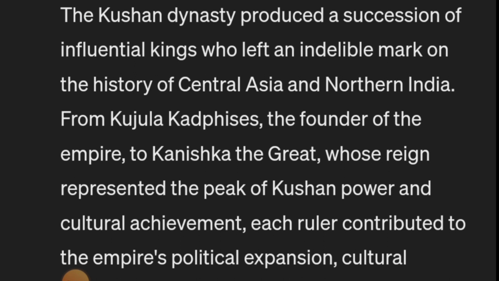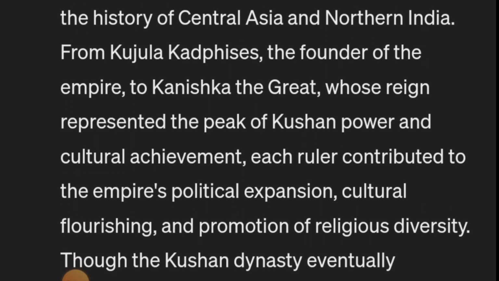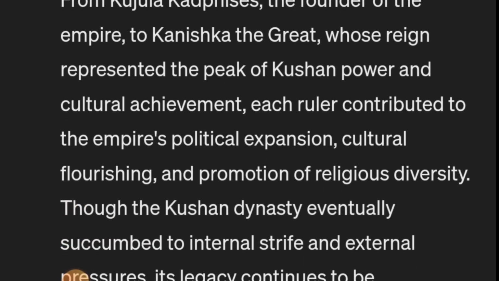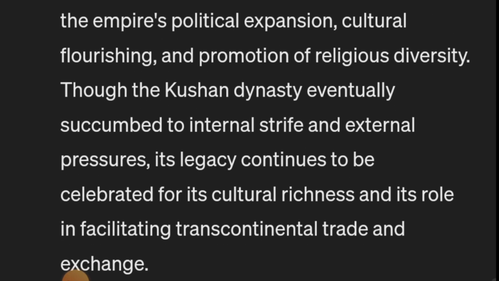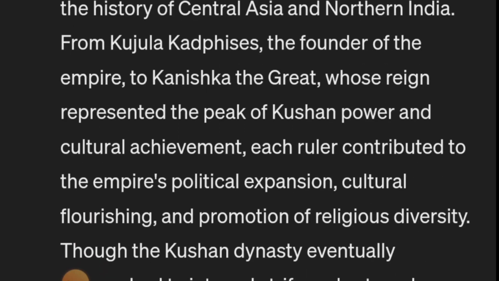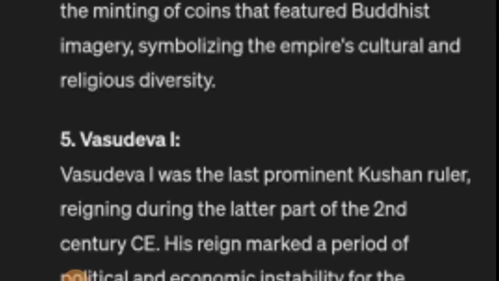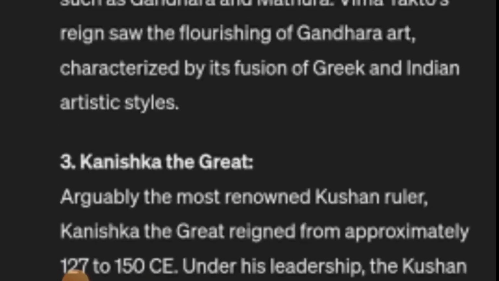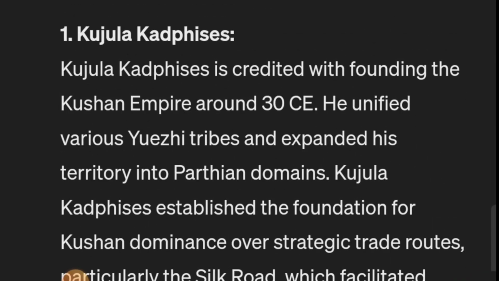From Kujula Cadphises, the founder of empire, to Kanishk the Great, whose reign represented the peak of Kushan power and cultural achievement. So this was some of the major prominent things that Kushans have done for India, and you have to learn about all the kings of this empire.